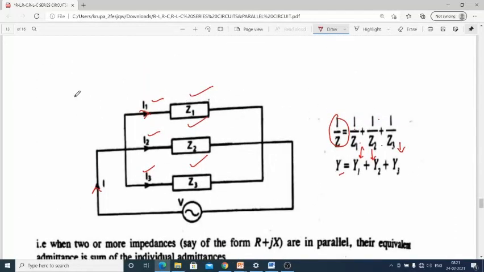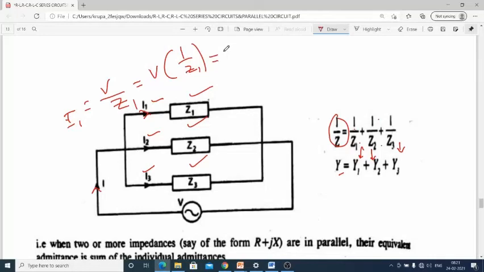The voltage of each branch is the same, V upon the impedance of the first element. 1 upon Z1 can be written as V into Y1, in terms of admittance.